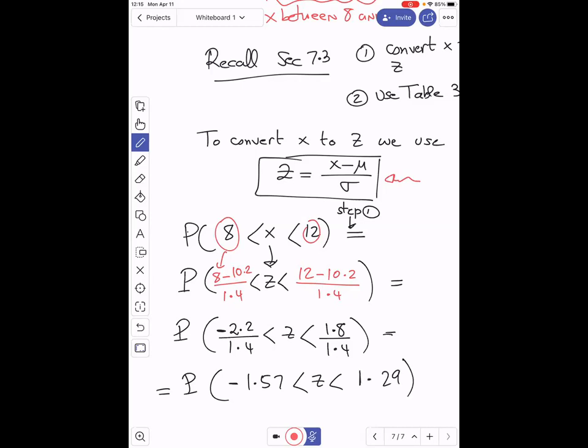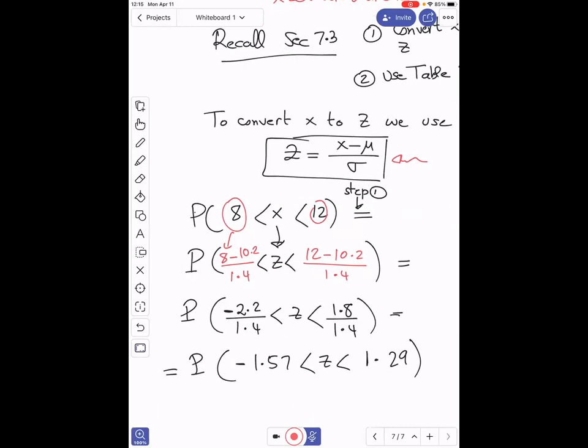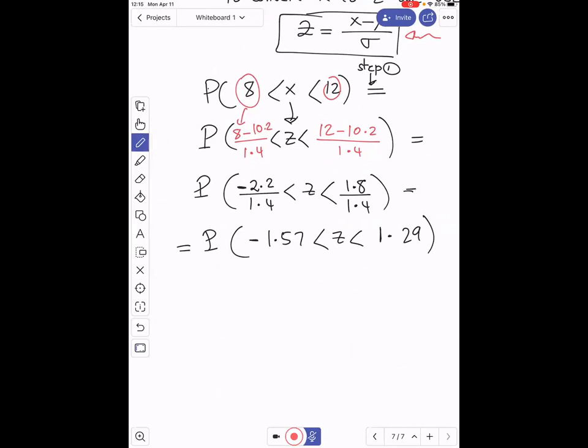Now, once you convert your values of x to z, we can use our chart, so we move to step number 2. Remember what we said about table 3: it gives us the areas to the left, the probability when z is less than a number.